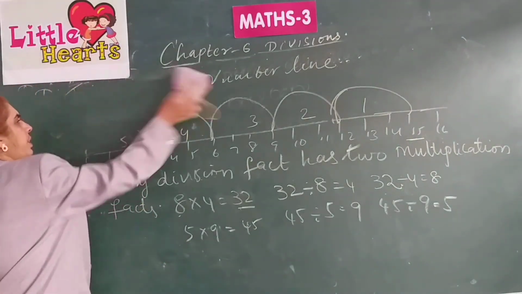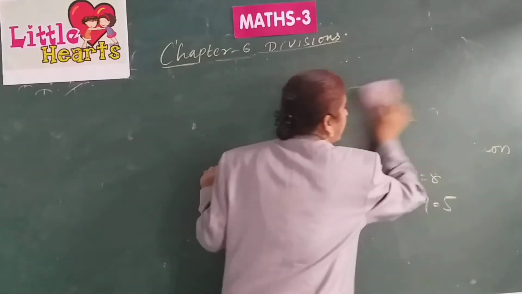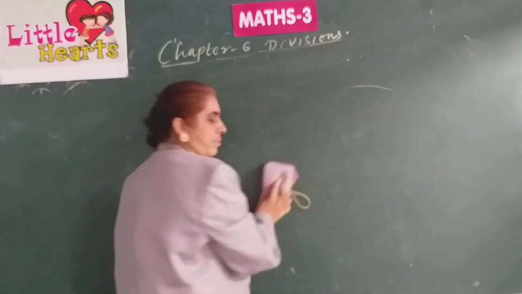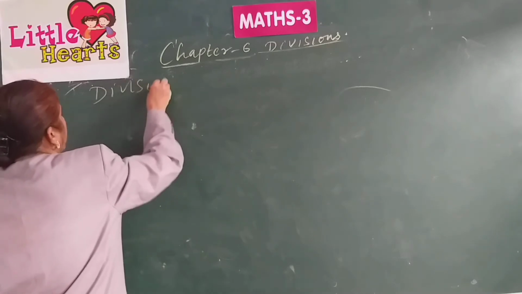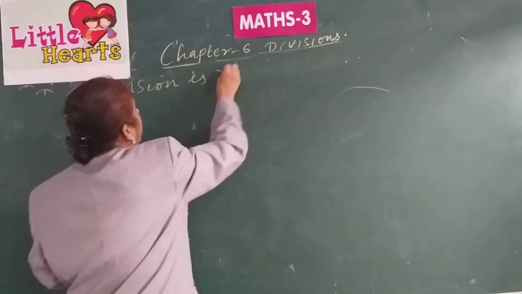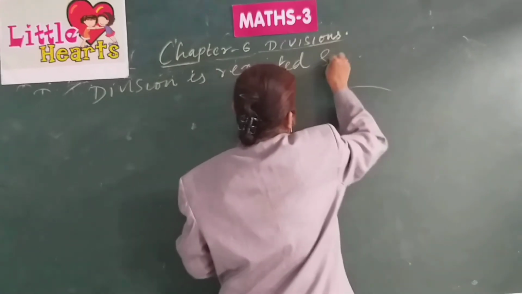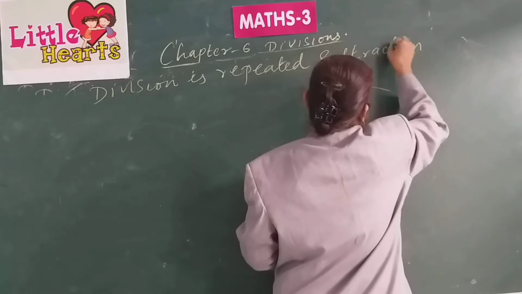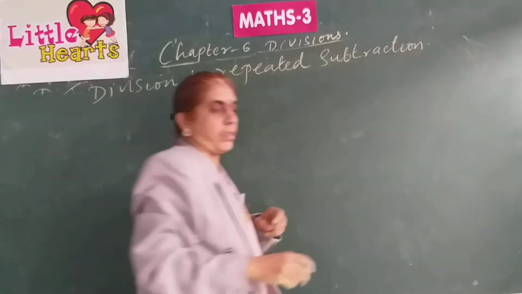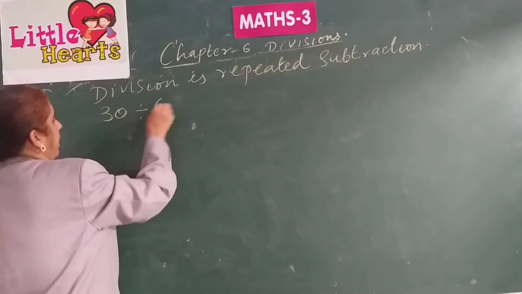And now we shall show that division is repeated subtraction. How is division repeated subtraction? Let us see. 30 divided by 6.